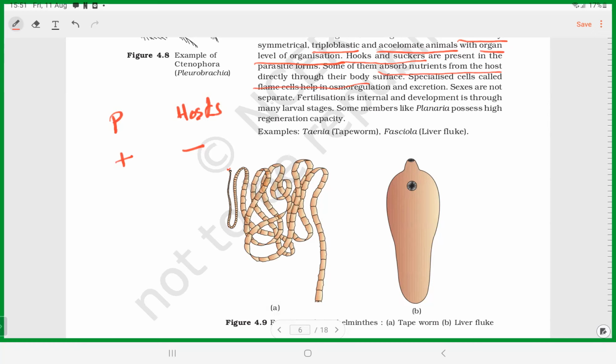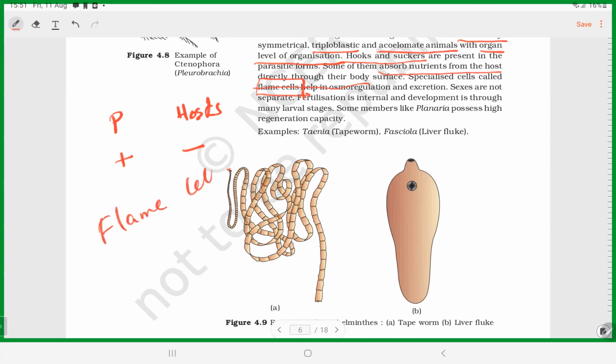But now please note down these flame cells. When we study about the excretion system also, this part can be connected. Okay, human excretion. So the flame cells are the smallest or simplest unit of excretion. Flame cells, note down that point.